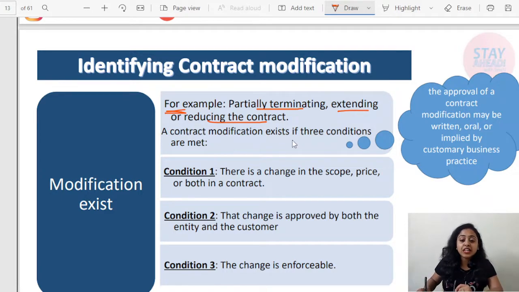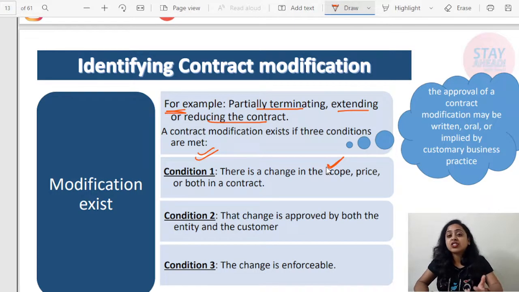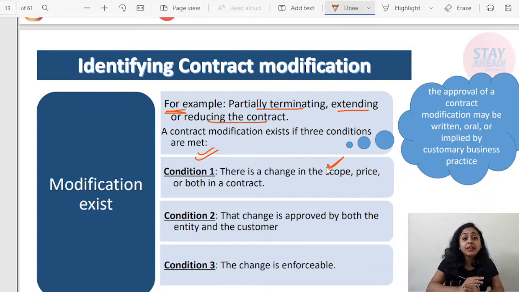A contract modification exists if 3 conditions are met. There are 3 conditions that justify the modification of a contract. First, there is a change in the scope, price or both in a contract. Either there is a change in scope. For example, there is a building construction contract. As a construction company, you will be having revenue from such construction contracts. Now you have given the contract of constructing 3 floors.